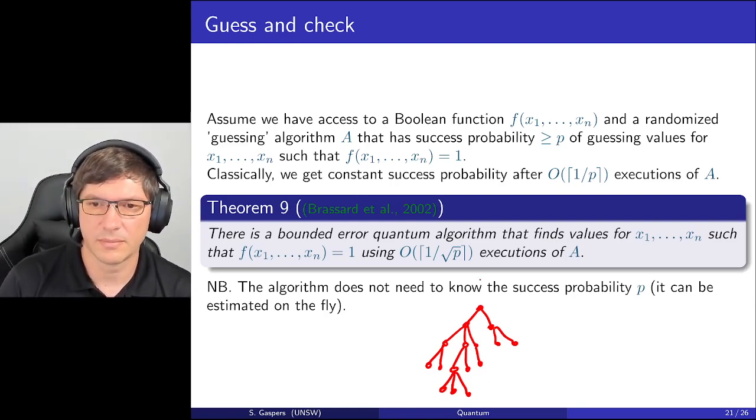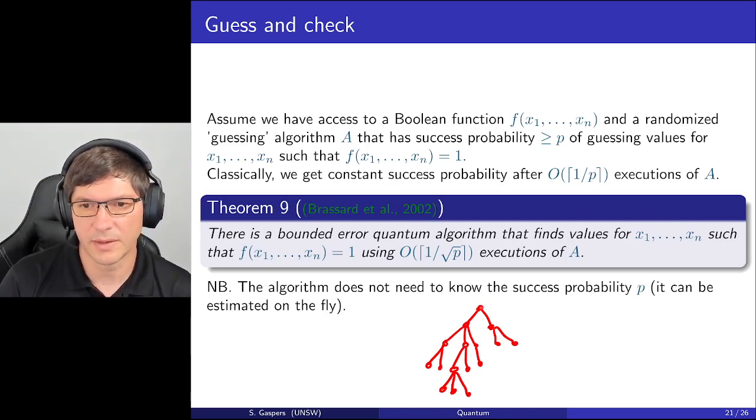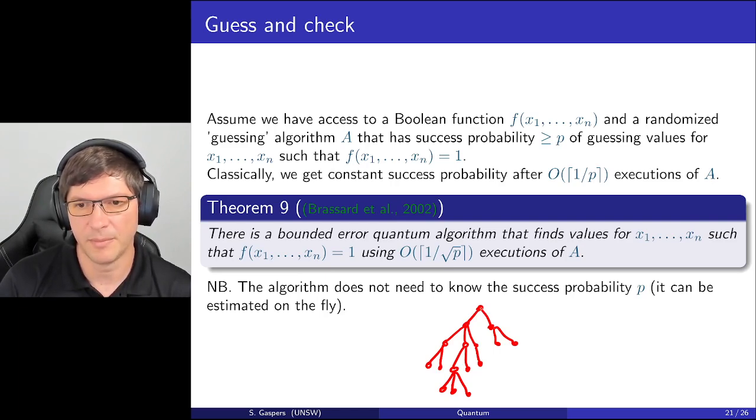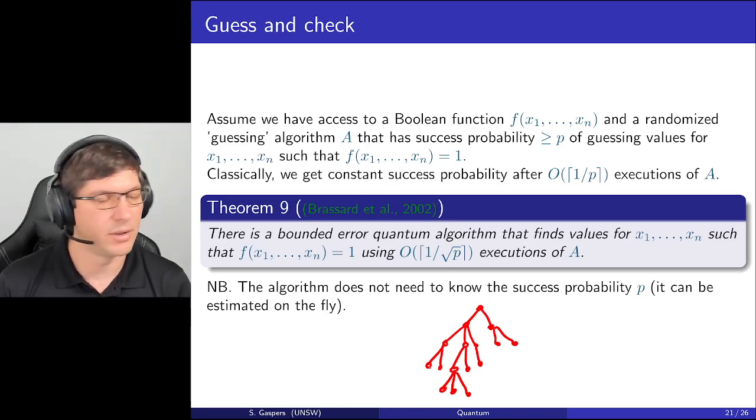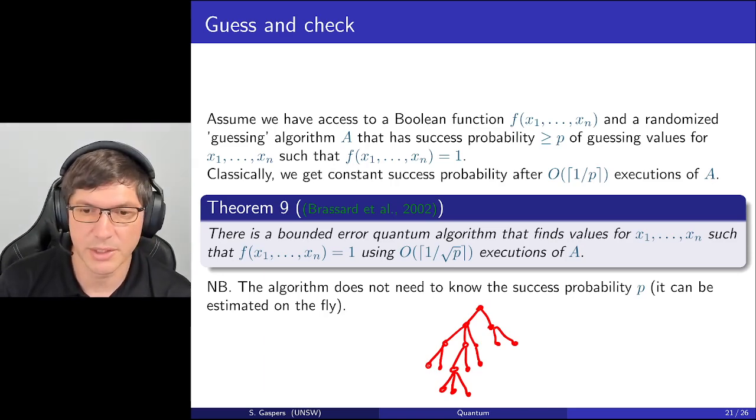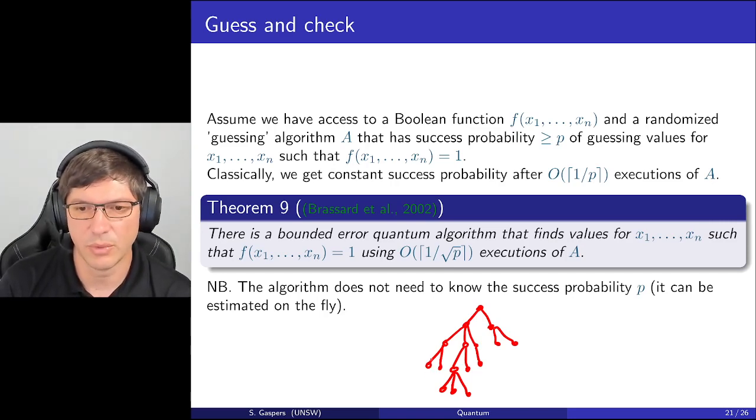Then we can start here and take a random path from the root of the search tree to a leaf. But we can see that there's more leaves below the left branch than below the right branch. Ideally we would reach each leaf with equal probability.